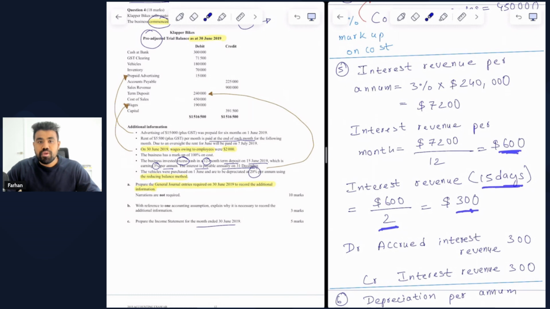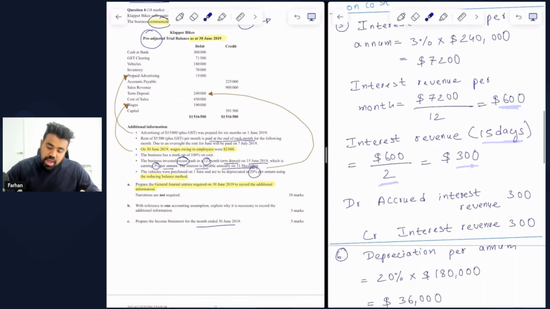So therefore, when the business prepares its books or its reports, the business will recognize this as a current asset that it expects to earn in the near future. So therefore, we have to debit accrued interest revenue, which is a current asset account. Accrued interest revenue, because it explicitly mentions revenue. So accrued interest revenue is a current asset account, and assets by default are debit.